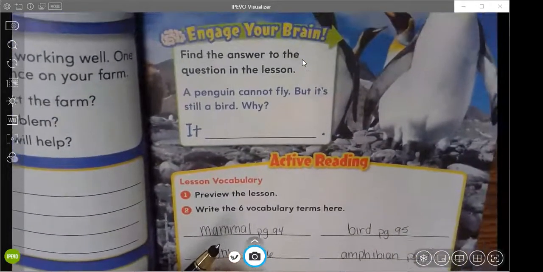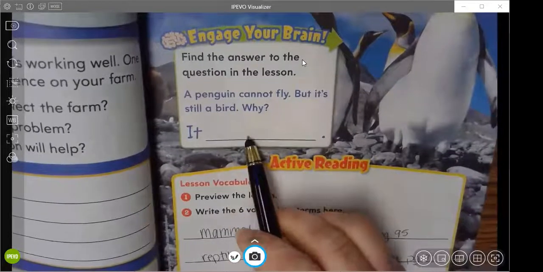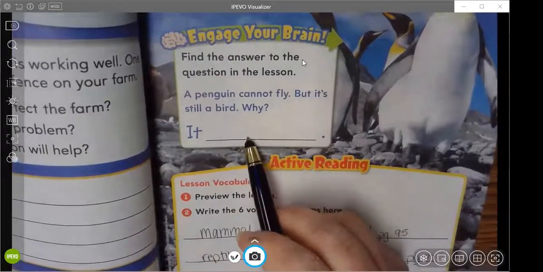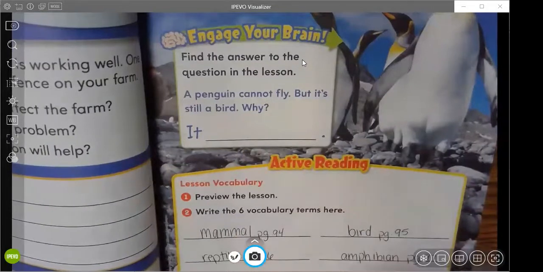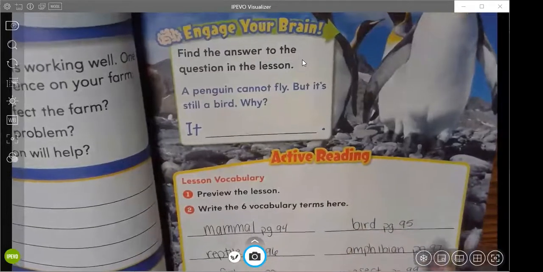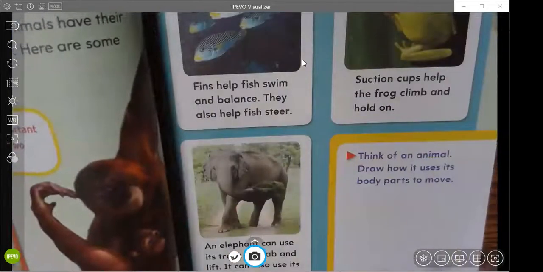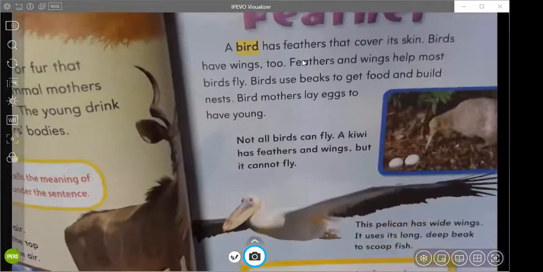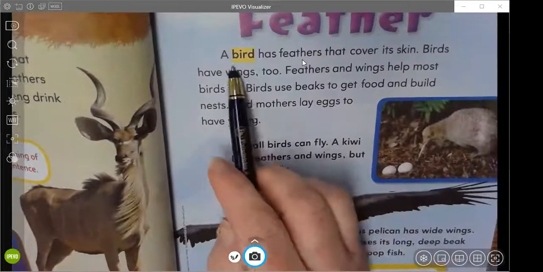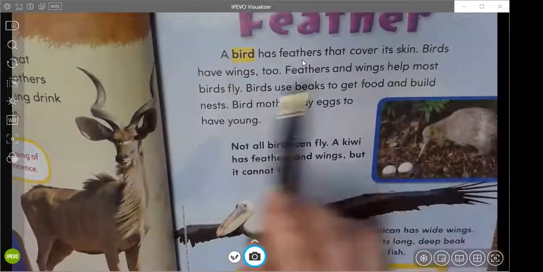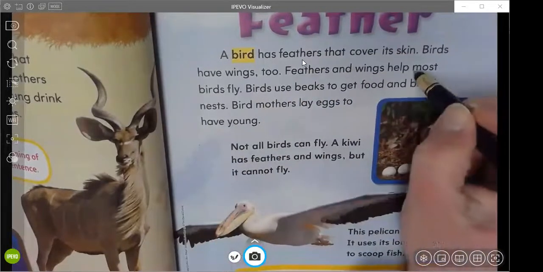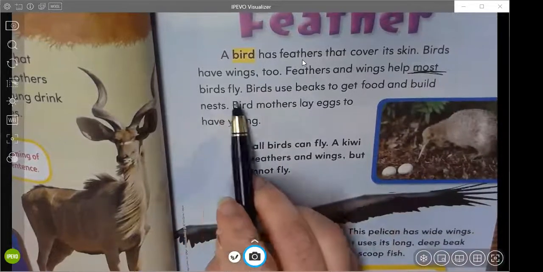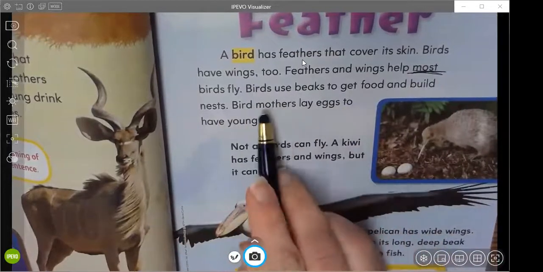We're going to have to find the answer to this, but I want to see if you can come up with it on your own. A penguin cannot fly, but it's still a bird. Why? We found the definition for the vocabulary word bird on page 95, so let's flip to page 95. A bird has feathers that cover its skin. Birds have wings too. Feathers and wings help most birds fly. Birds use beaks to get food and build nests.